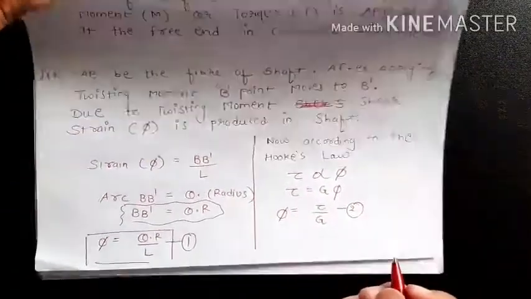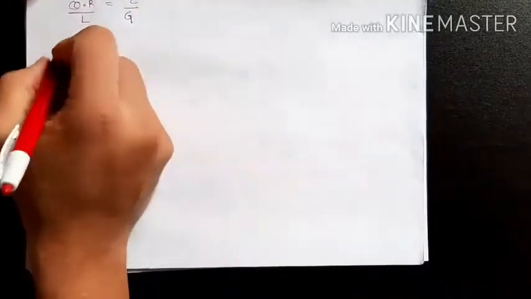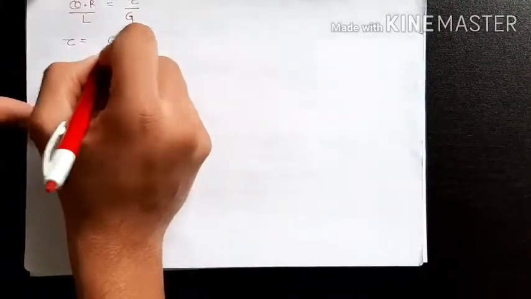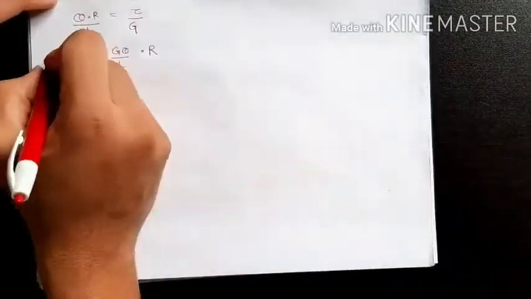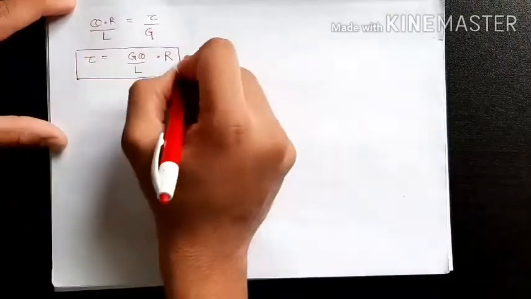Now on comparing equations 1 and 2, we get theta into r upon L is equal to tau upon G. Therefore, tau is equal to G theta upon L into r.